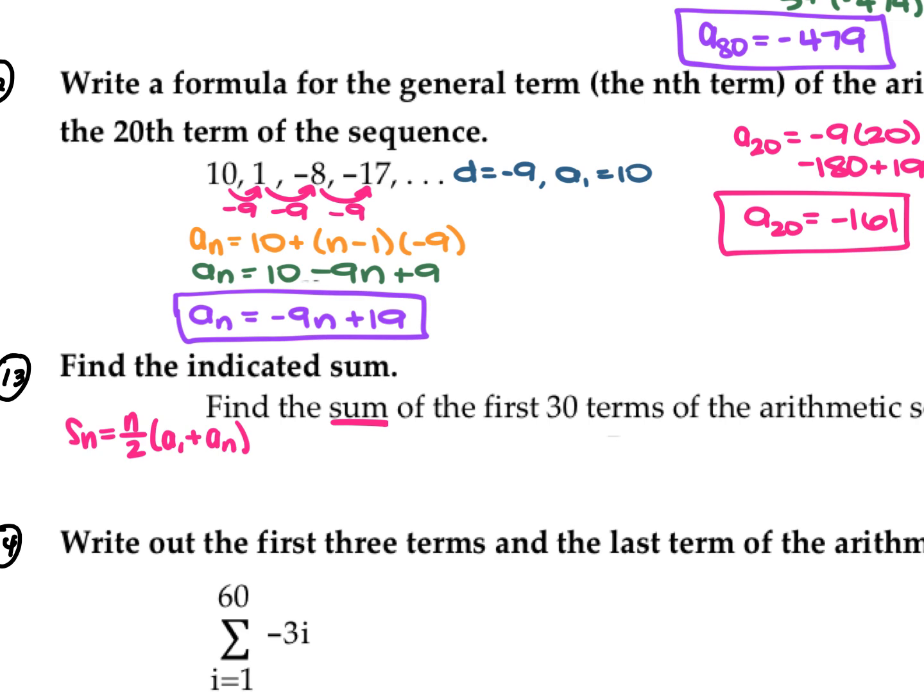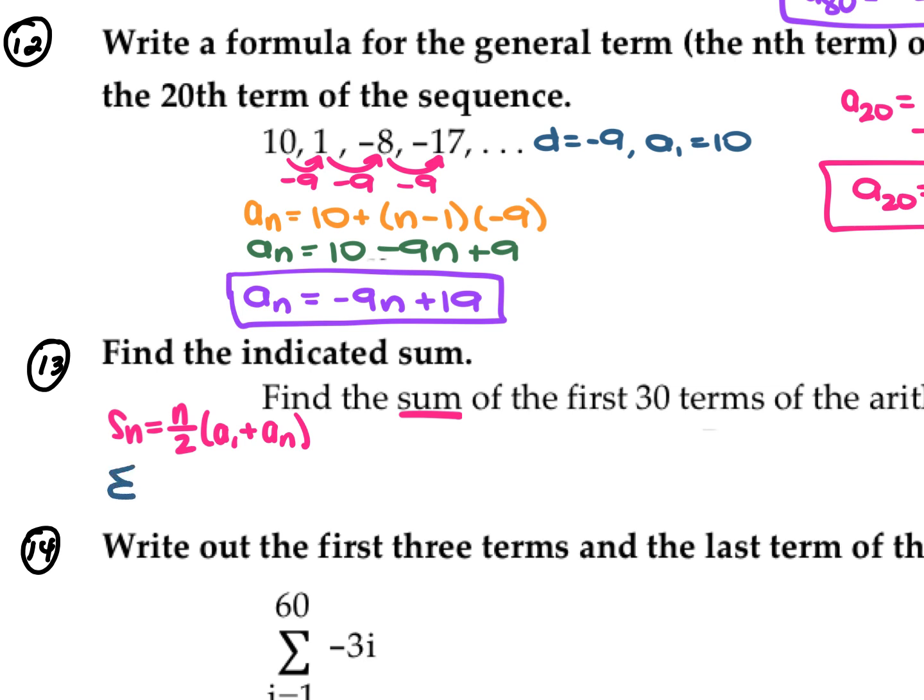If you wrote this out as the sum, you're starting with n equaling 6, and then your ending term is 30. So if that's the case, find your n. So do the 30 minus 6 plus 1. So that's 24 plus 1, which is 25.